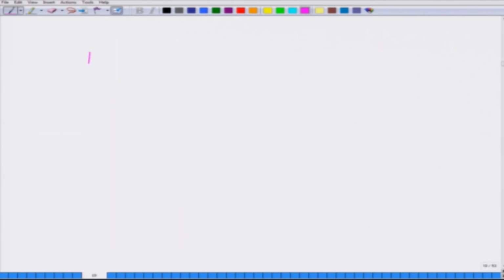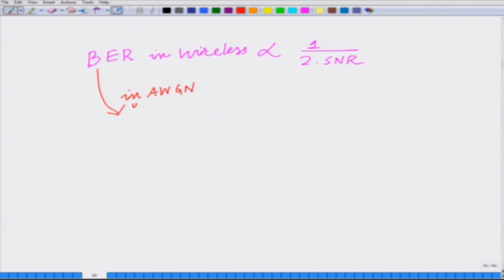So, if you look at the net result, BER in wireless is proportional to 1 over 2 times SNR. However, if you remember the bit error rate in AWGN or the wireline communication system, this is equal to approximately Q of square root of SNR, which you remember is equal to half e raised to minus half SNR.